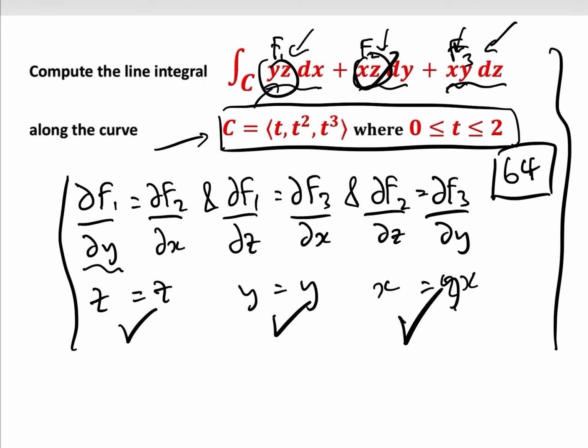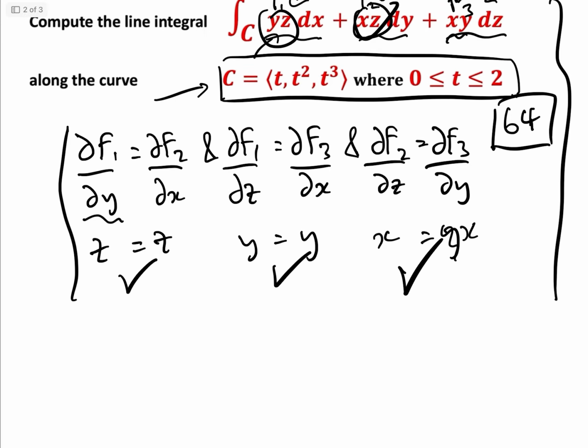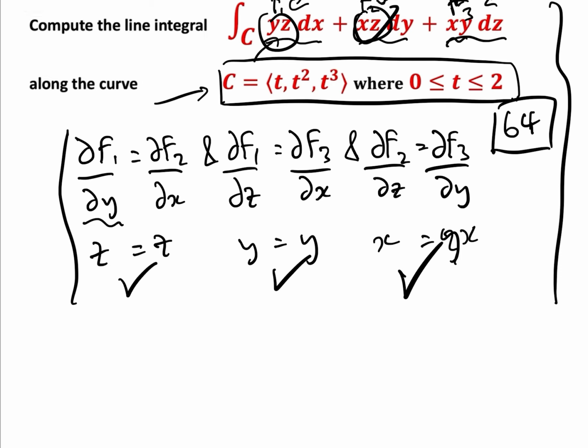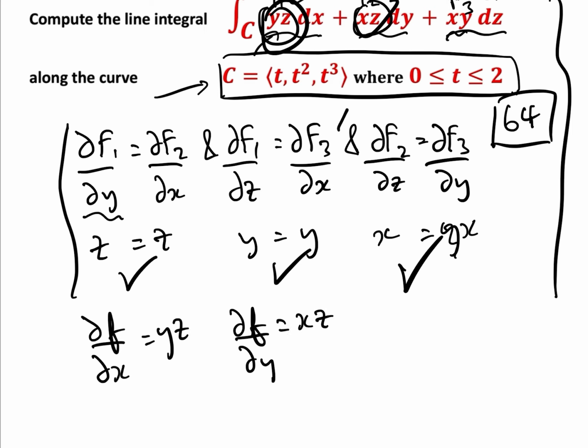Now what we need to do is find what the potential function is, and we've already done how to do this in the second video of the 3. So we know that df/dx, where f is our potential function, is yz. We get that from here. And df/dy is xz, which we get from here.